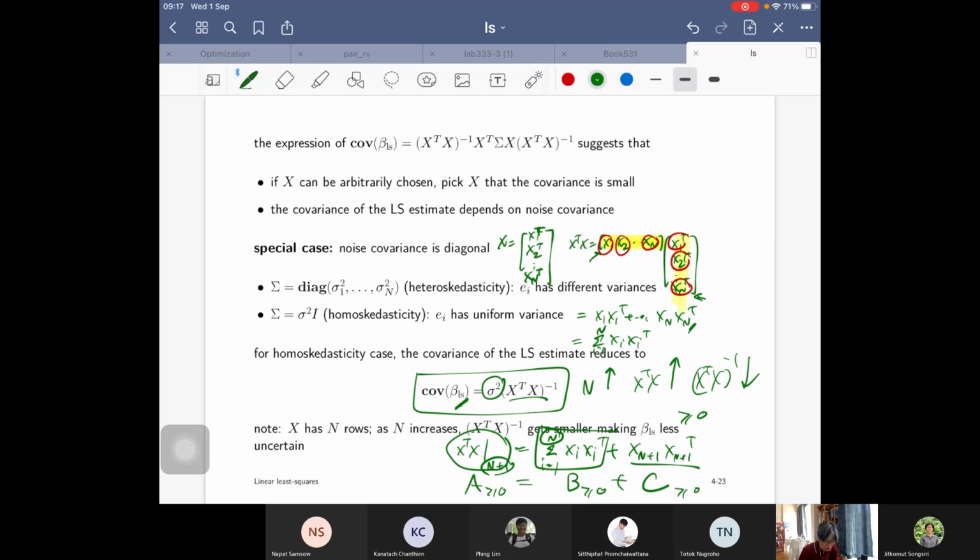But because A is B plus something non-negative, we can say that A is bigger than B. Napat, do you agree? Yes, I agree. Okay, when A is bigger than B in a matrix sense, we have the result that if both of them are invertible, A inverse is going to be less than B inverse.